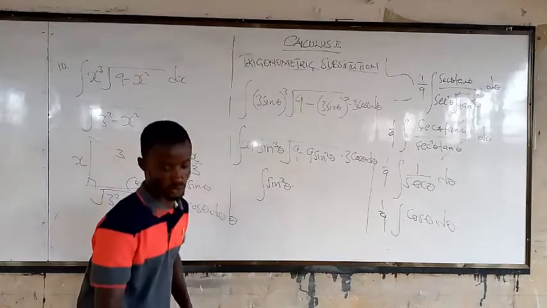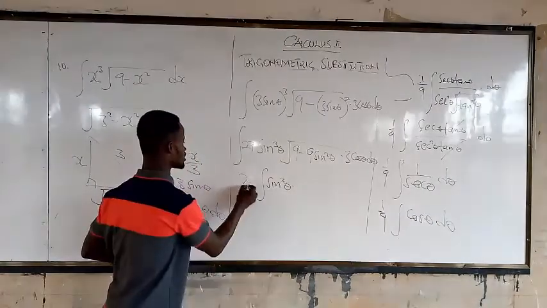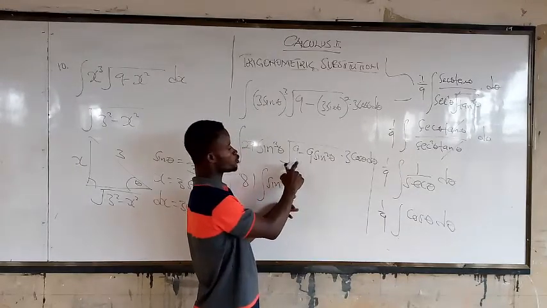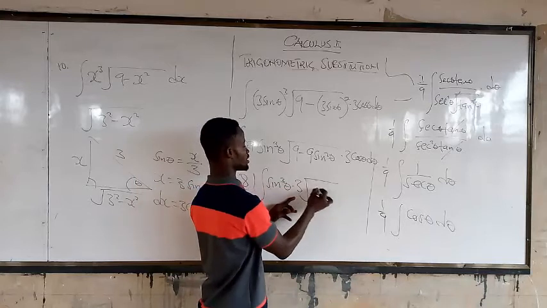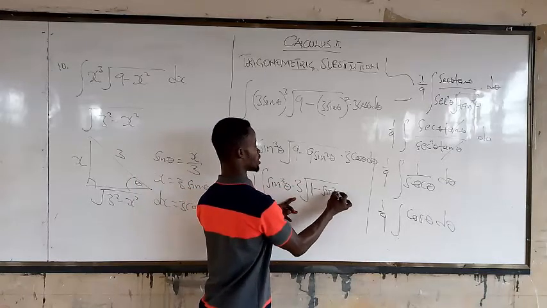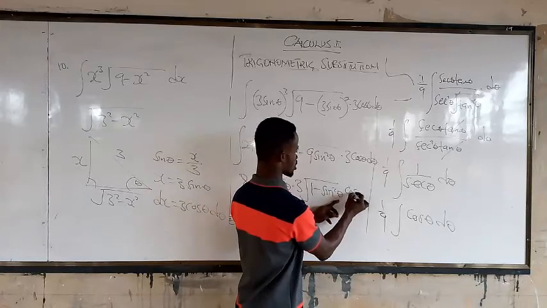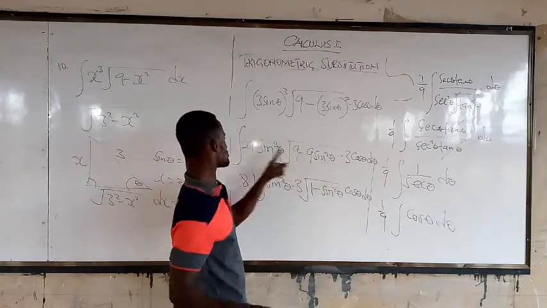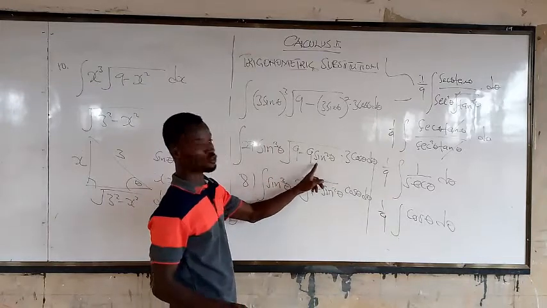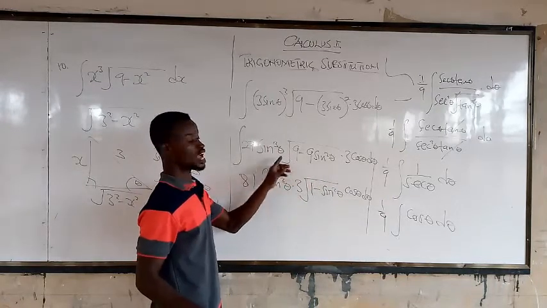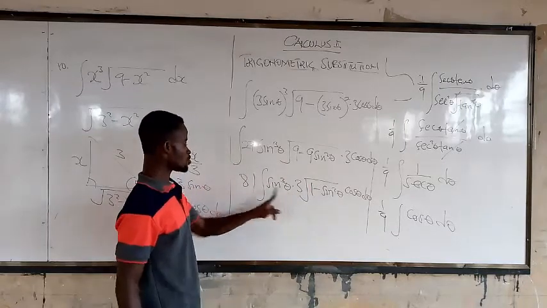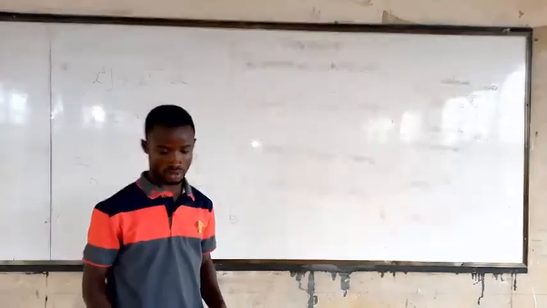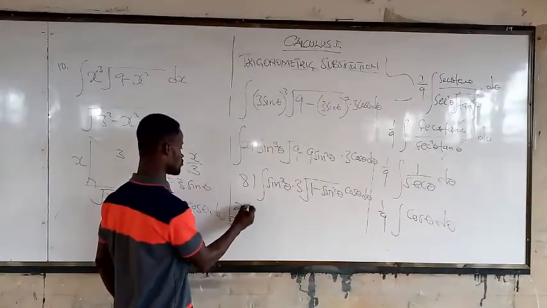Now this one, we can factor 9 out and take square root of 9, we get 3. So we get 1 minus sine square theta cos theta d theta. When you factor 9 and square root the 9, you get 3. Now the 3 multiplies this, that is where you will be getting 243.